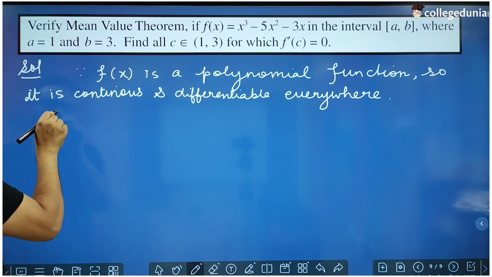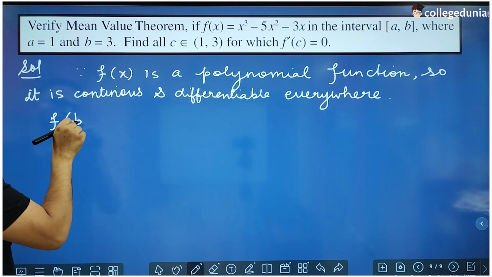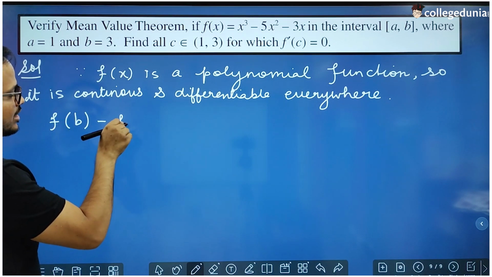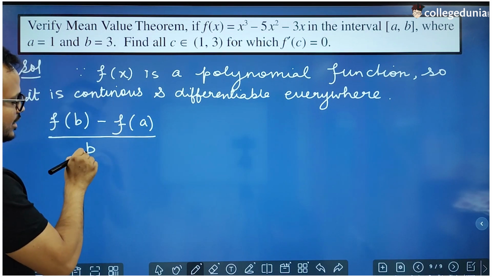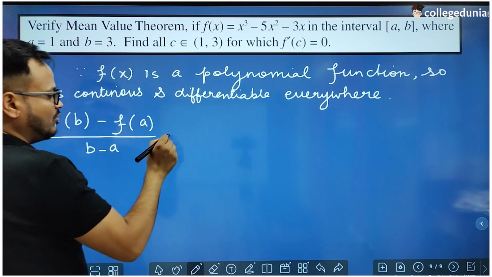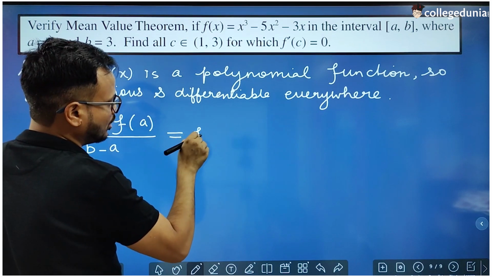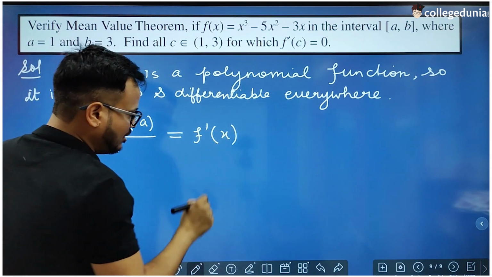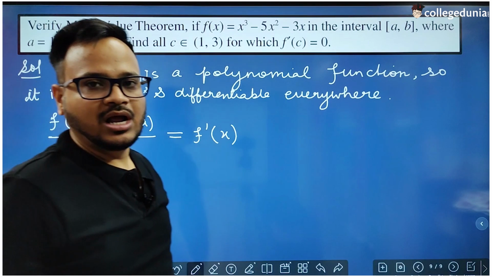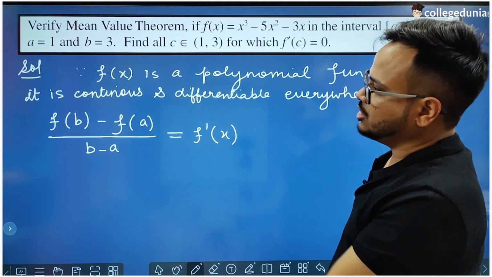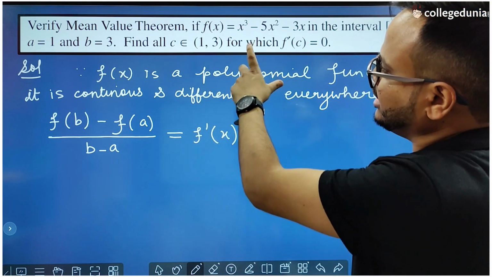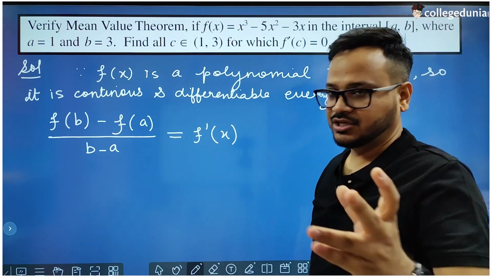Now let us find this value, f(b) minus f(a) divided by b minus a, and we will put this equal to f dash x, and we will solve this equation and show that the x which is coming from this equation belongs to the interval 1 comma 3.